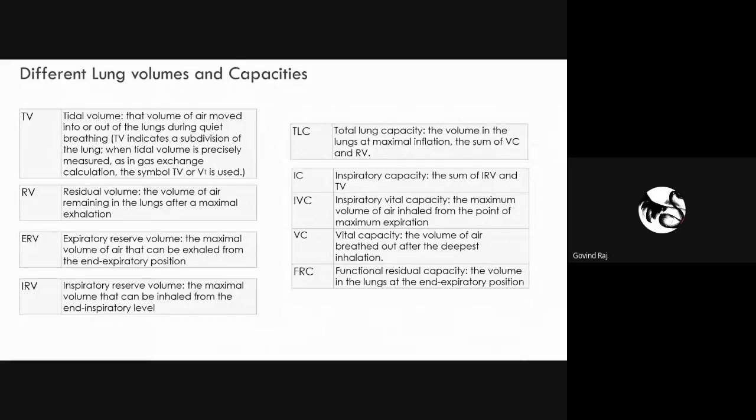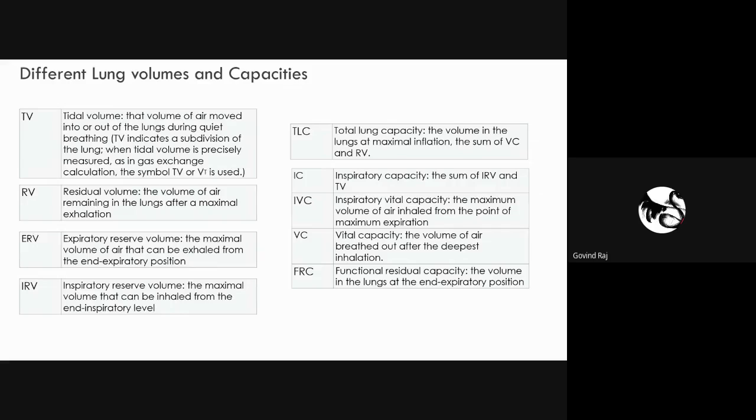And now, what is functional residual capacity? Functional residual capacity is the volume in the lungs at the end expiratory position. So after an expiration, the volume of air that is remaining in our lungs is the functional residual capacity. Now one more question.